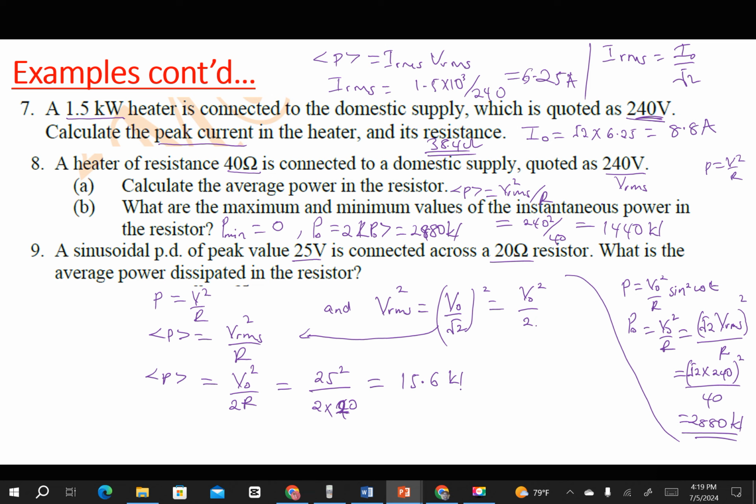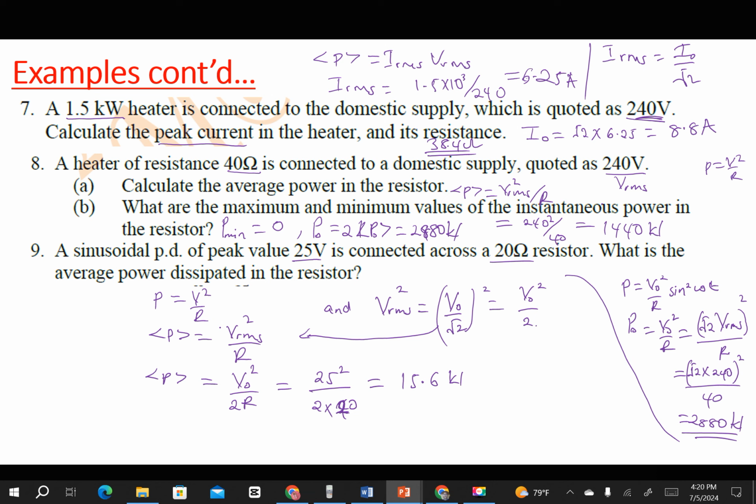I want you to note that if I had used V naught directly here, I would say power is equal to V naught squared over R, then I would get a different answer, which would actually be twice.